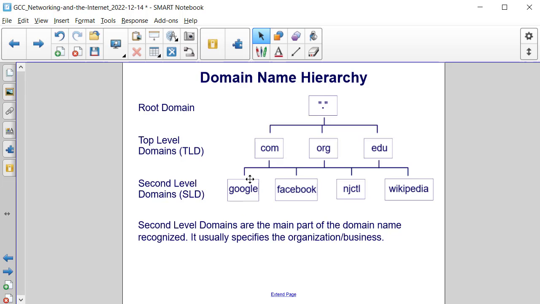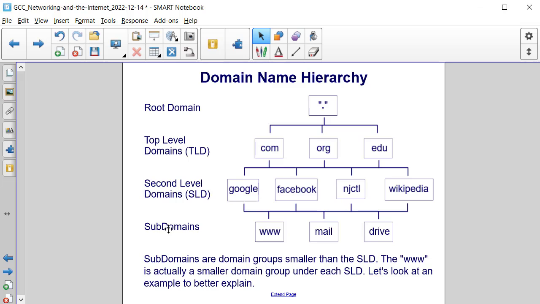So you could have google.com, facebook.com, NJCTL.org, wikipedia.com, etc. And below the second-level domains, we have the subdomains, such as www, or mail, or drive. The subdomains are domain groups smaller than the second-level domains. The www is actually a smaller domain group under each second-level domain.